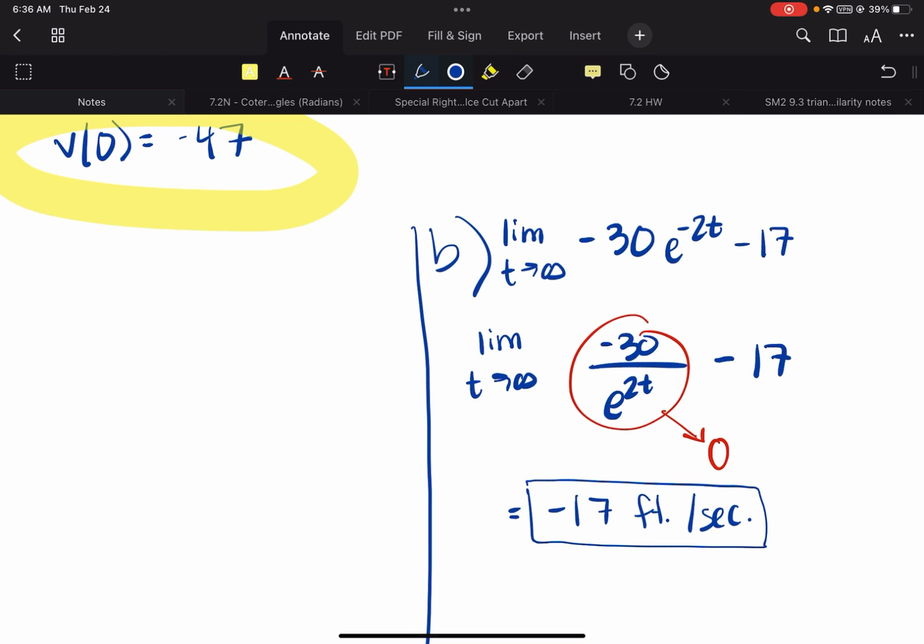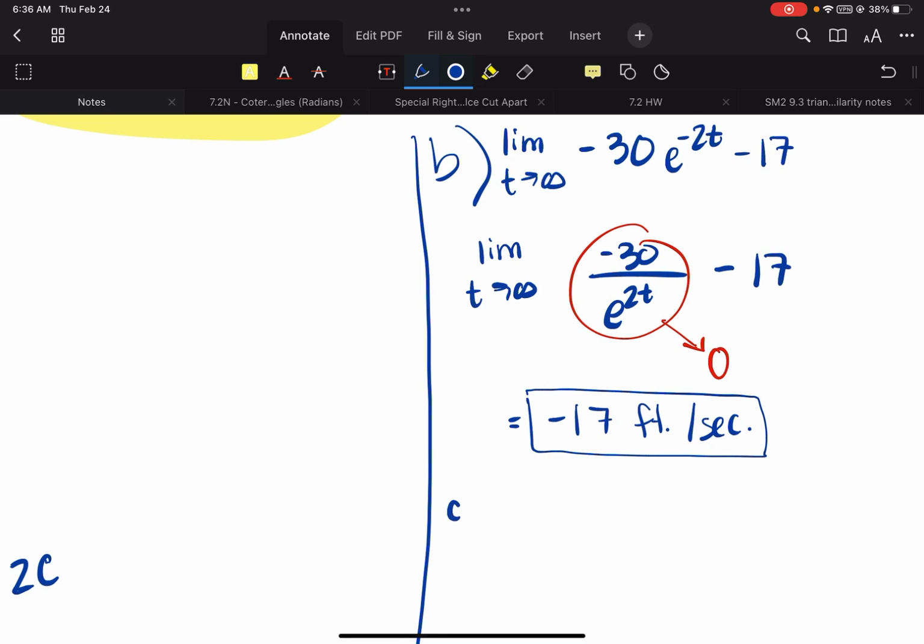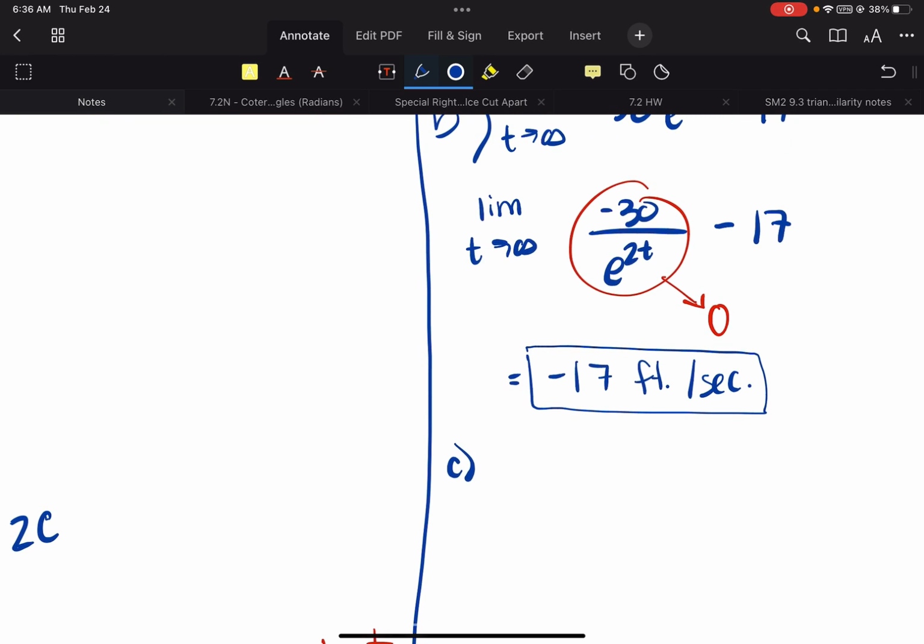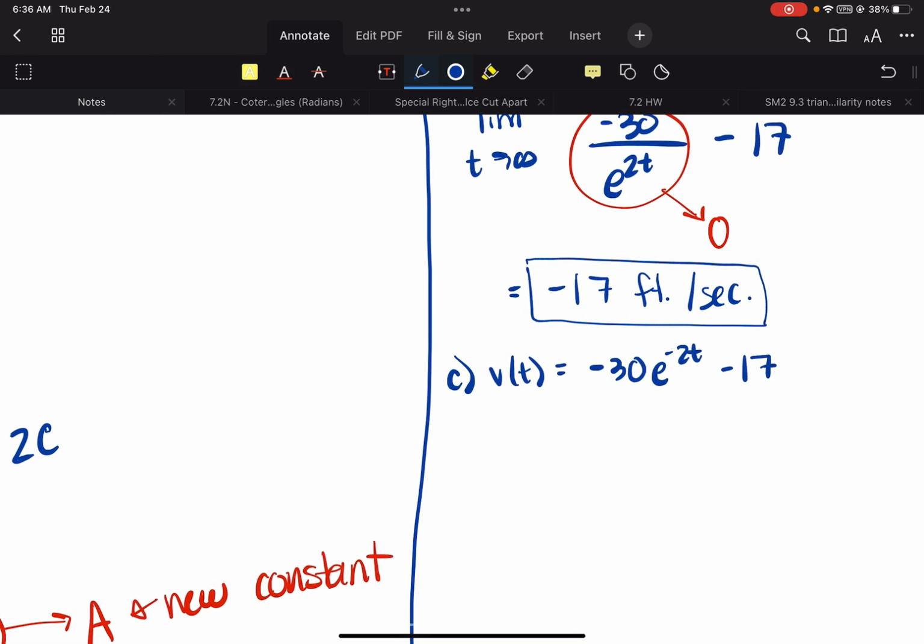The last part says it's safe to land if my speed is 20 feet per second. I want to know at what time I reach this speed. So I'm going back to my original velocity function, and I've got to find the time when my speed is 20.